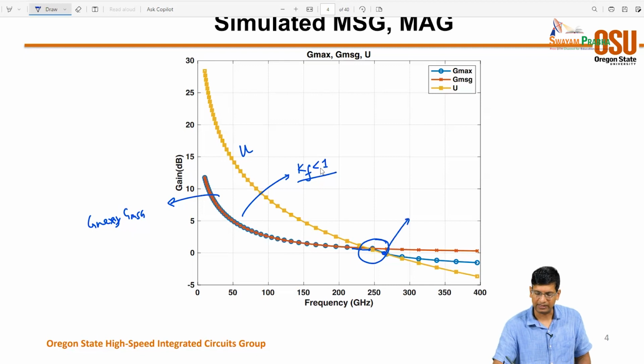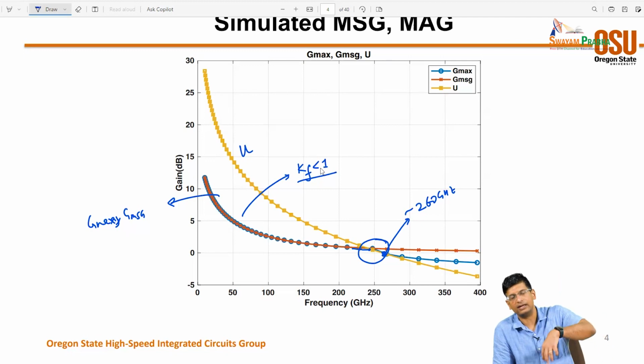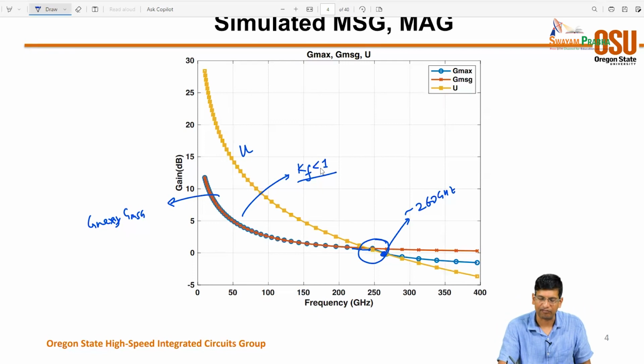So this would be the F mats of the technology, which is somewhere around 260 gigahertz. This is the frequency at which your power gain goes to unity, or you cannot get gain out of this device. And what is interesting is that if you do all that de-embedding network, even with that, your F mats doesn't change. Your F mats still remains the same.